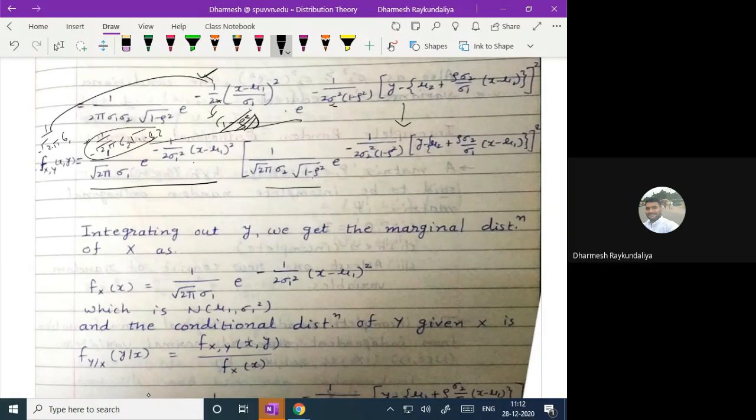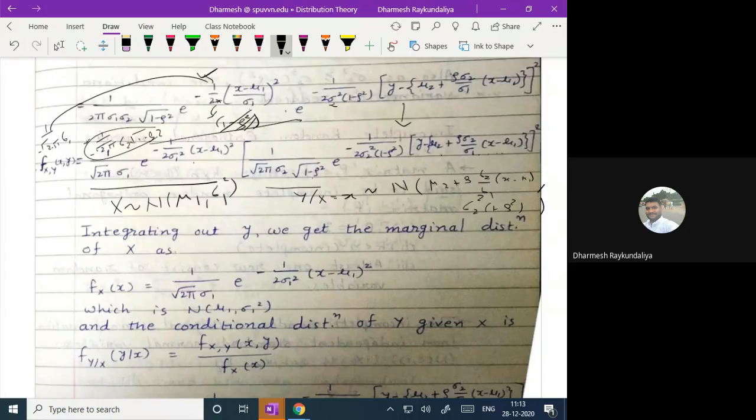So this is nothing but the univariate normal with mean mu 1 and variance sigma 1 square. And this is nothing but, it is also a normal, but it is a conditional because x is present here. So it is the distribution of y given x. It is also a normal with mean mu 2 plus rho sigma 2 upon sigma 1 (x minus mu 1), and variance is sigma 2 square into 1 minus rho square.